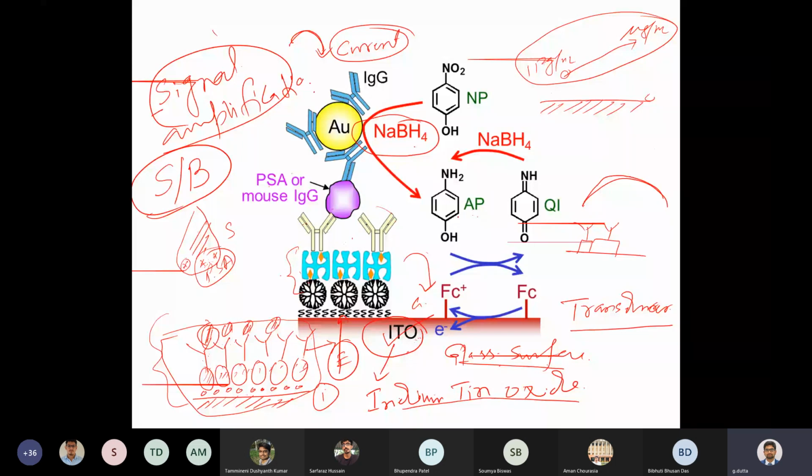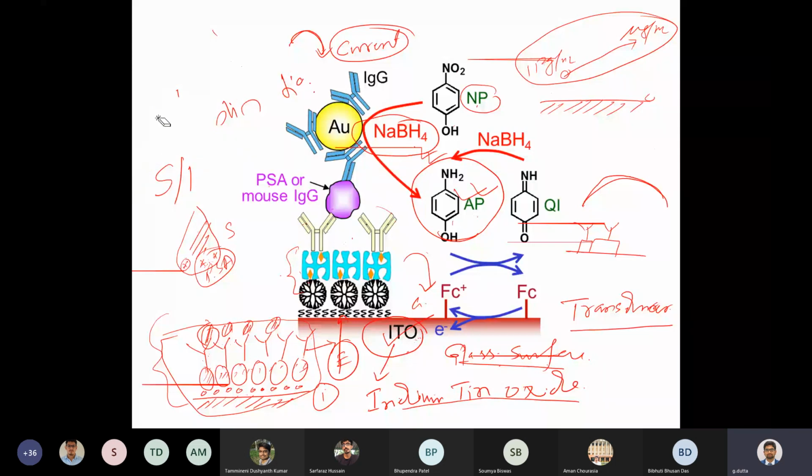AP is called aminophenol. NP is called nitrophenol. We will use this kind of chemical on the biosensor surface because they react with each other and generate some current or charge. That is your signal.